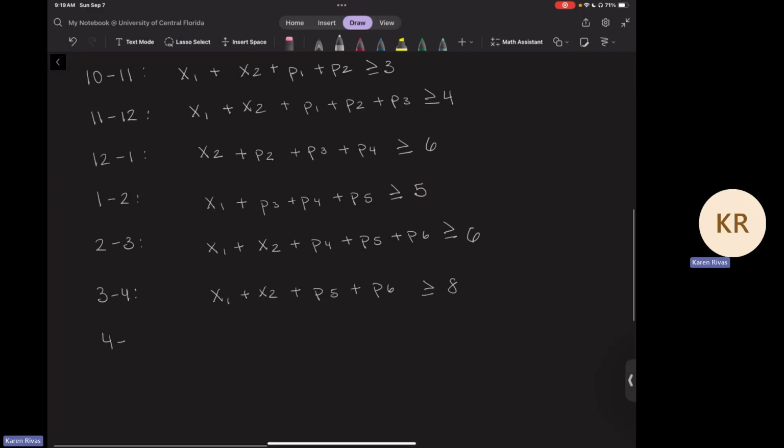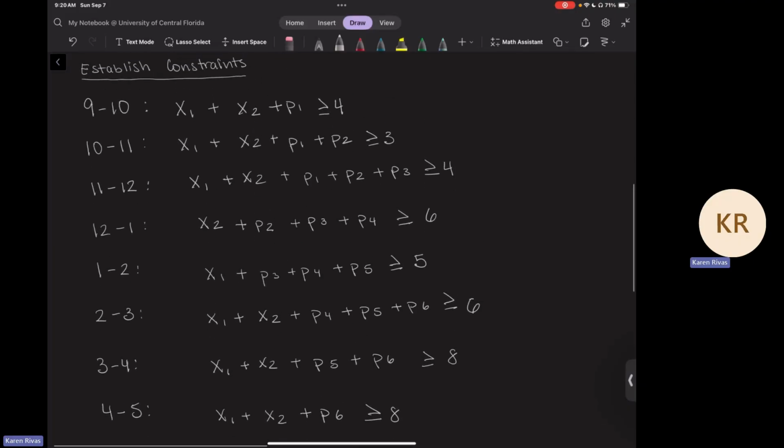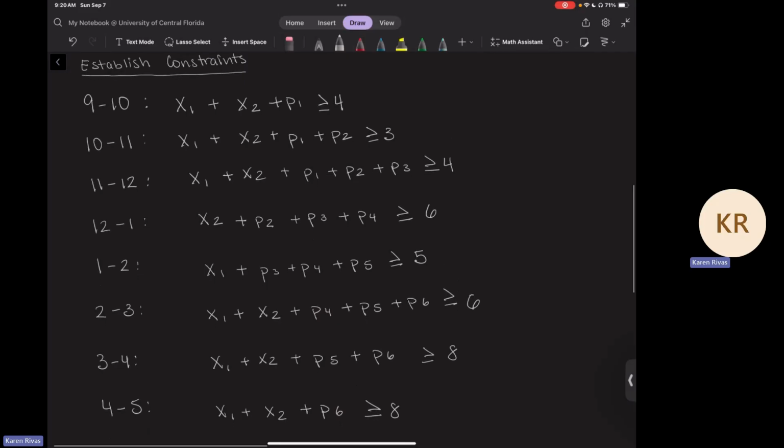And then from 4 to 5, this will be the last hour of the workday. We'll still have X1, we'll have X2, P5 has already completed their shift, so it'll just be P6, and they need at least 8. So those will be the equations for each hour.